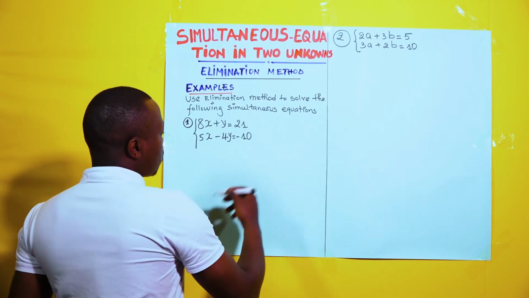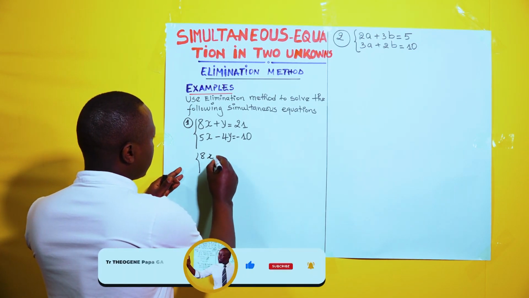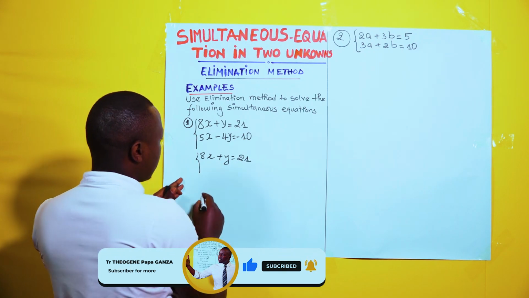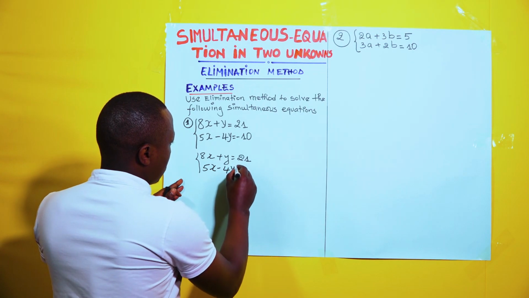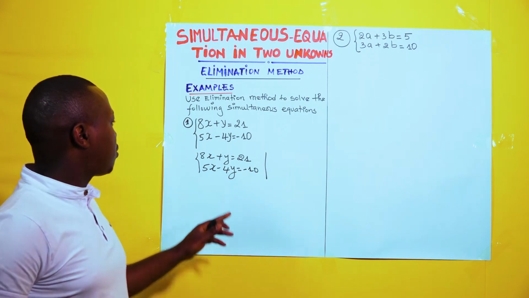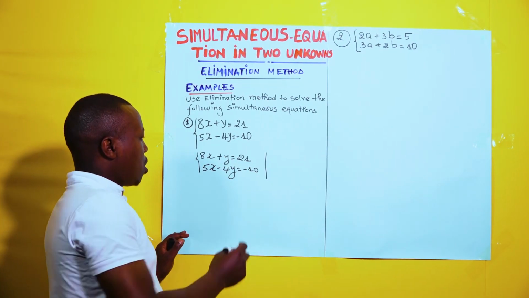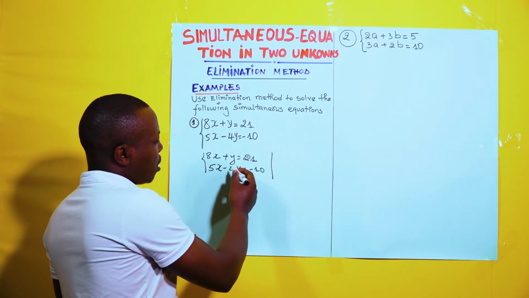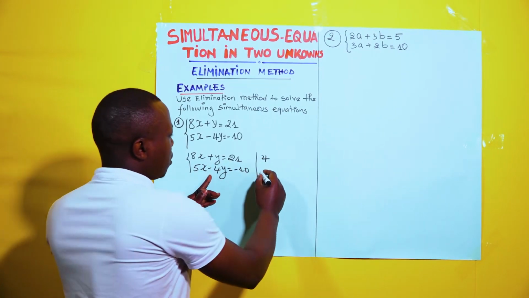So let us choose a number that we can multiply on equation 1, the first equation, so that it can eliminate y. So we are going to choose 4 here and 1 here.